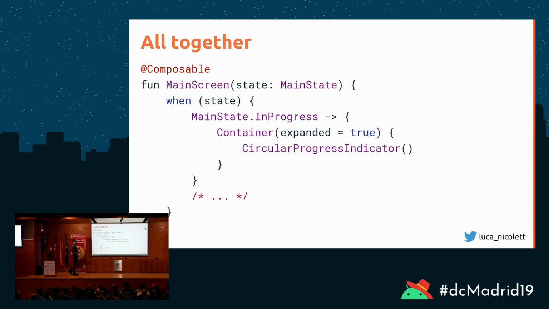For example, if we're in an in-progress state, we just show a circular progress indicator. That could be a login screen here, so you could have a column with two texts, one for the ID, one for the password, and a button that fires an API call in order to log the user into your application.